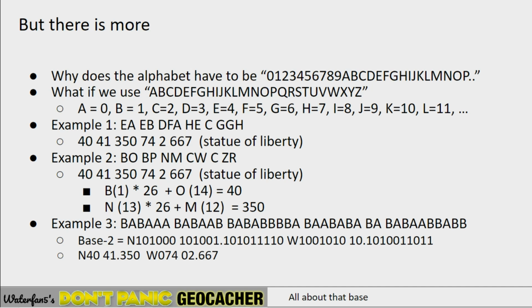But there is more. Because so far we've always used standard digits, right? From 0 to 9, and then if we ran short, we started moving on with the alphabet letters. But what if we didn't use 0 to 9 and just used only letters? So basically saying A means 0, B means 1, where before we said A means 10 because 0 was 0, 1 was 1, right?